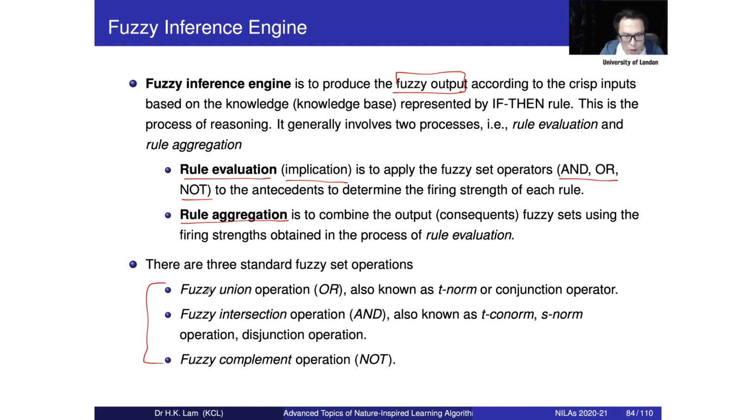The OR operator is called the union operation, also known as T-conorm or S-norm, the disjunction operator. The AND operation is the intersection operation, also known as T-norm, the conjunction operation. The fuzzy NOT operator is the complement operation.